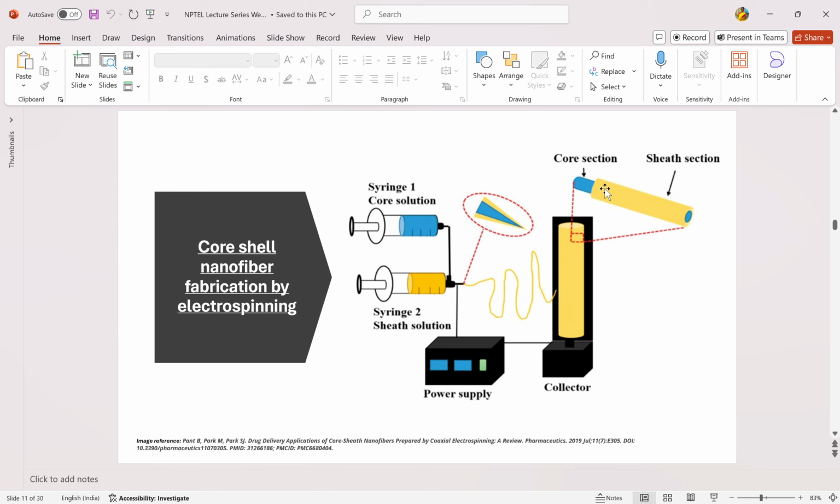When you are doing SEM cross section imaging of your nanofibers, you will distinctly see two layers. If you do not form a core shell nanofiber, and you are only forming nanofibers, then you will see only one layer. But when you are forming core shell nanofiber, it will give you distinct two layers, and you can measure the diameter of your core and sheath separately.